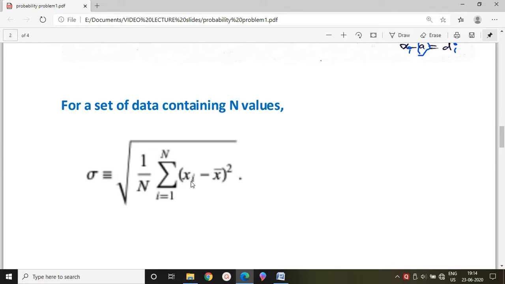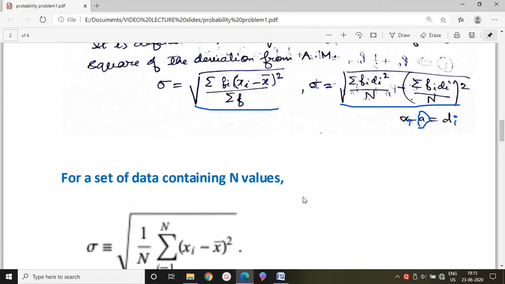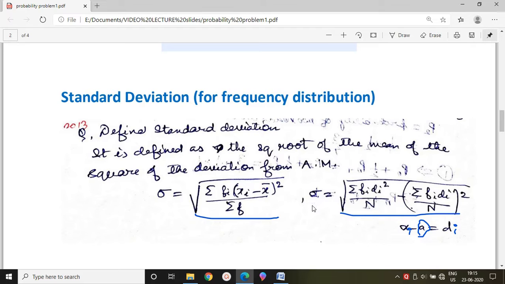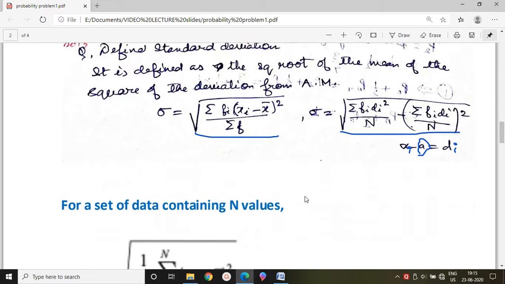That is, you will find xi minus x bar whole square for all the set of values, divided by n, take square root. Xi is the ith data value, and x bar is the arithmetic mean of the set of data. It is applicable when you do not have a frequency distribution, only data values are given to you. And in a frequency distribution, the earlier formula can be used to obtain standard deviation.